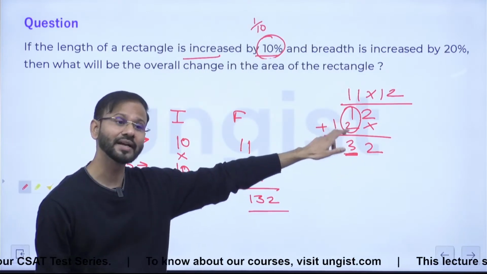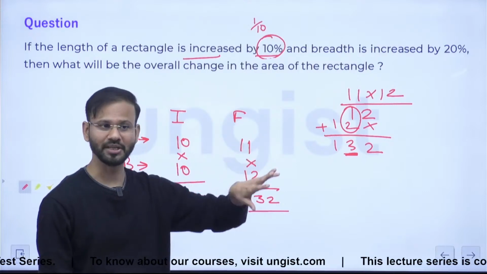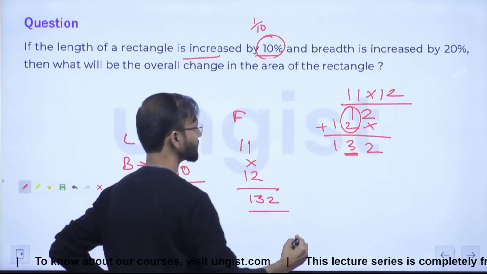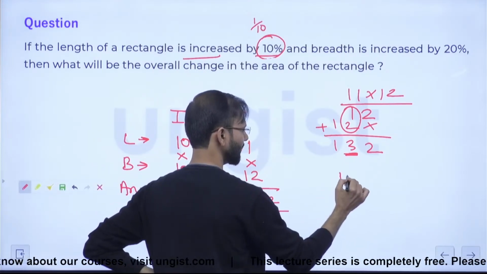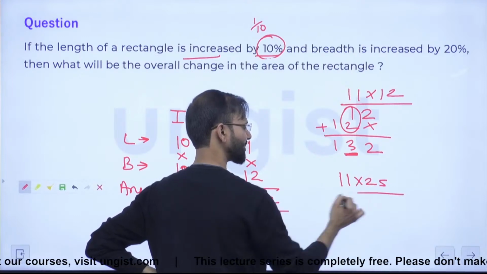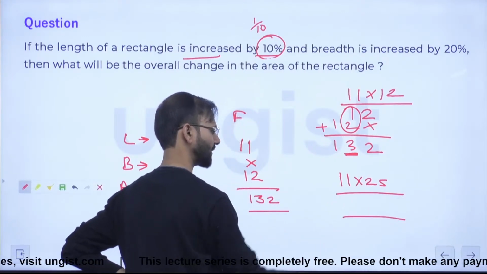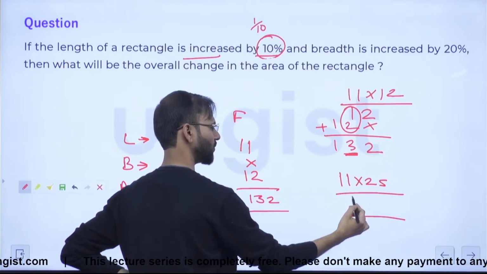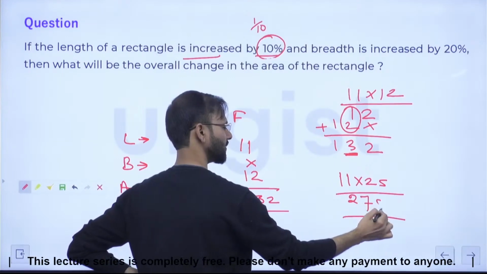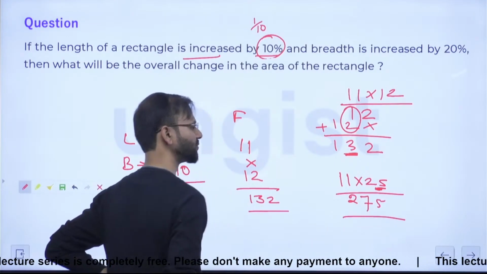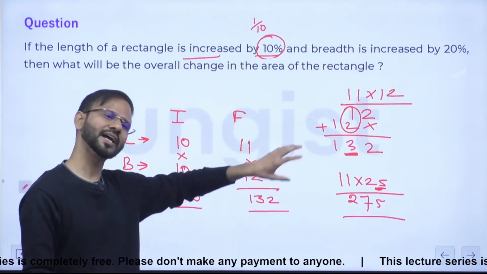If the sum is more than 9, then this process won't be applicable. For example, 11 into 25. Can you tell me the result directly? Quick. The sum of 5 and 2 is 7, so just write that value in between.